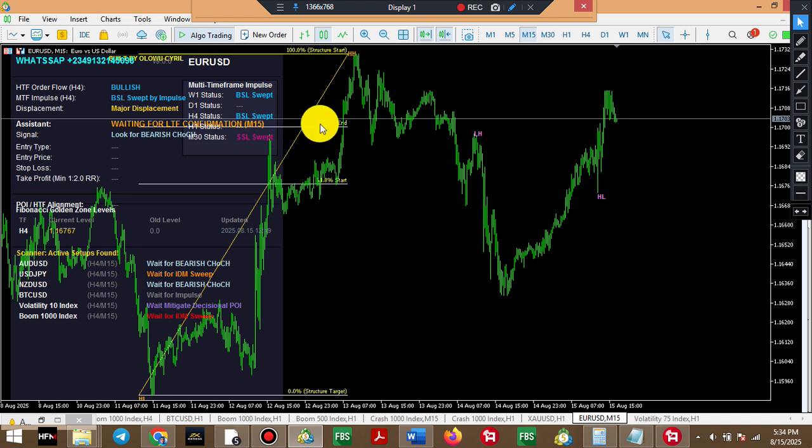my major focus will now be on the golden zone level, right? I will focus on the golden zone level where I notice a change of character within that zone.